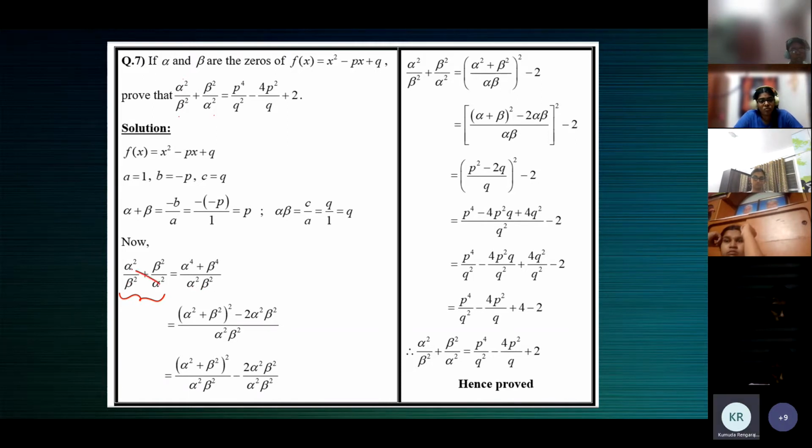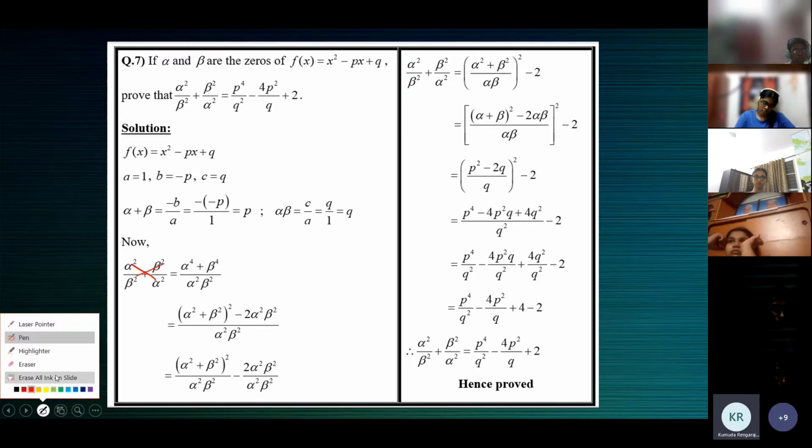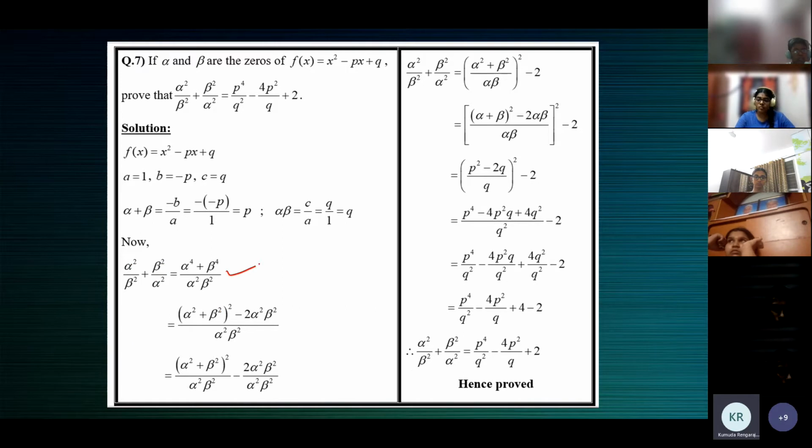So you will get, upon taking the LCM, alpha to the power 4 plus beta to the power 4 in the numerator: alpha square into alpha square is alpha to the power 4, beta square into beta square is beta to the power 4. This is the first step. Now next, this one is alpha to the power 4 plus beta to the power 4, which can be written like this. The denominator as it is.